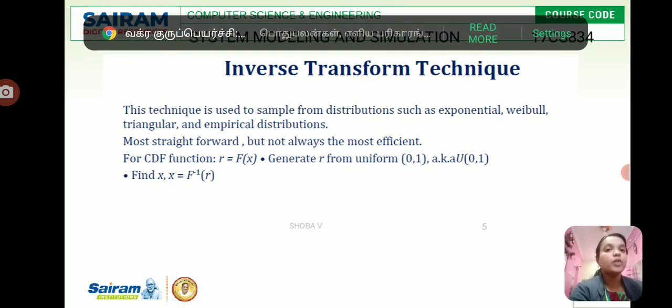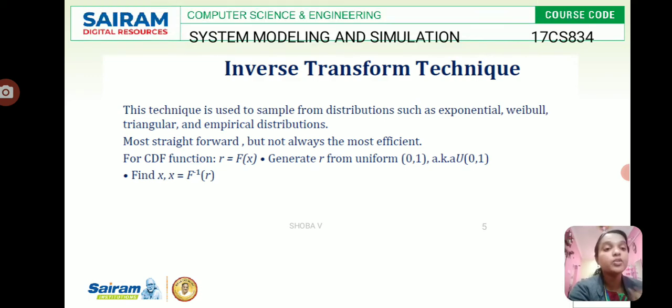It is the most straightforward, and for these distributions it is more efficient than the acceptance and rejection technique, because there is more uniformity in this. The range is also 0, 1. For the CDF, R equals F of x, and generate R from uniform 0, 1. Then we can use the formula x equals F inverse of R. This is the inverse transform technique.